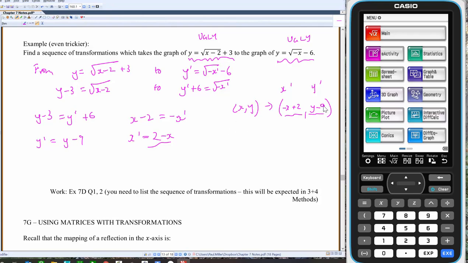Now all I do is read off the transformations. I start with x: negative x means reflection in the y axis, then a translation 2 units right, and this is a translation 9 units down.